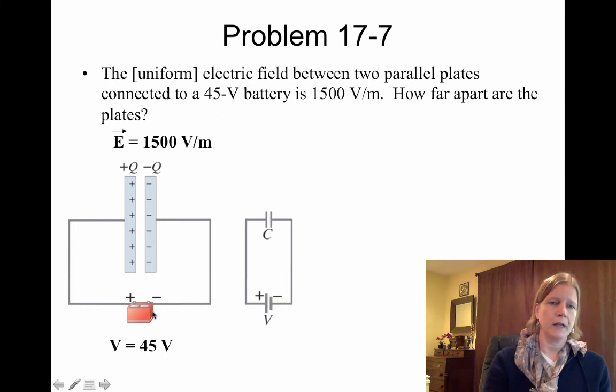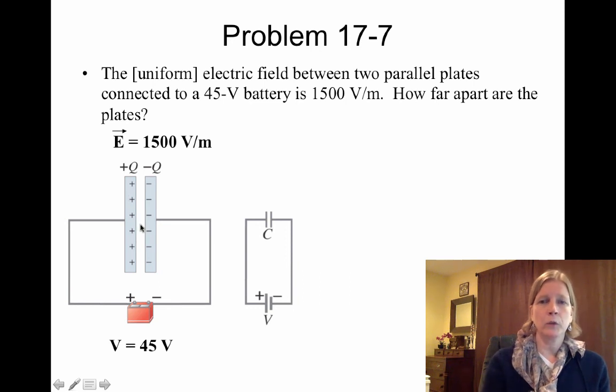So we connect two parallel plates, the positive plate to one terminal of the battery, the negative plate to the other terminal of the battery, and the plate connected to the positive terminal of the battery will become positively charged, and the plate connected to the negative terminal becomes negatively charged. But we end up with two parallel plates, one with charge plus Q and the other with charge minus Q, and there's going to be a uniform electric field between them going from positive to negative.